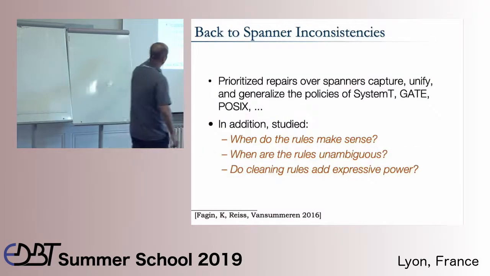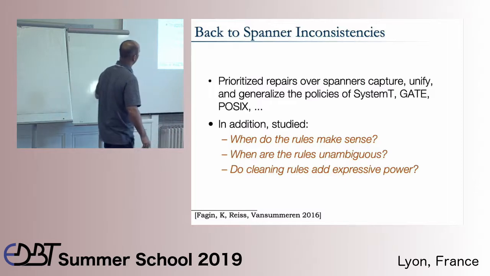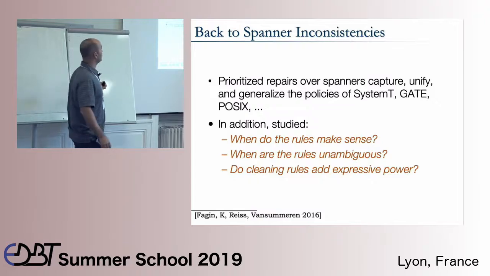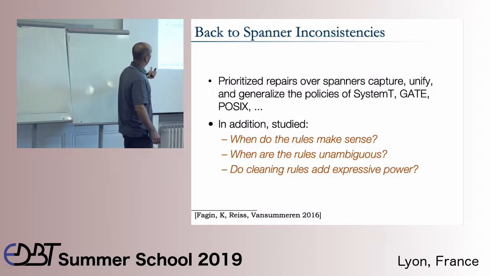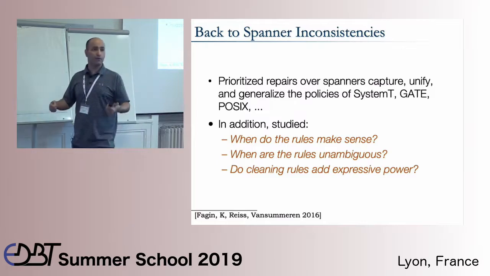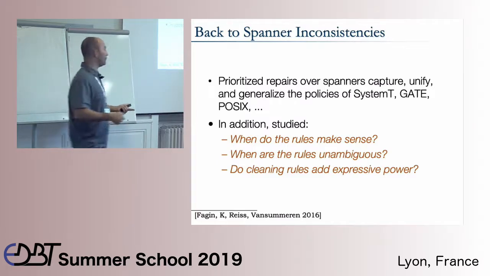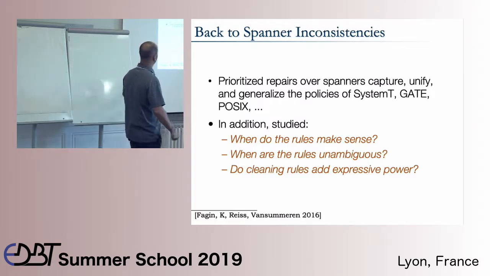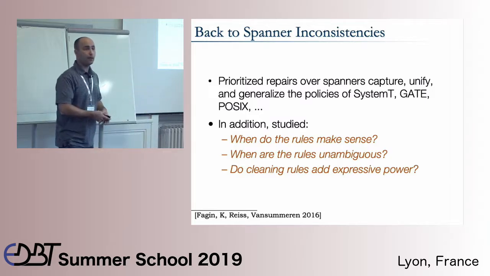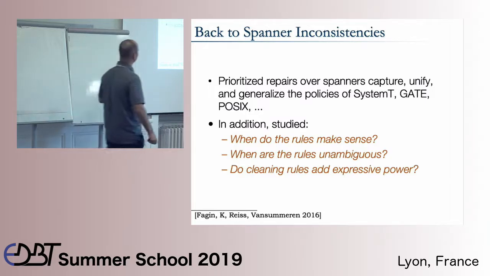So what we've shown in that work is that this framework properly captures the cleaning operators, the consolidators that you have in System T, the GATE system, the POSIX formalism. They're all captured in this framework of prioritized repairs.